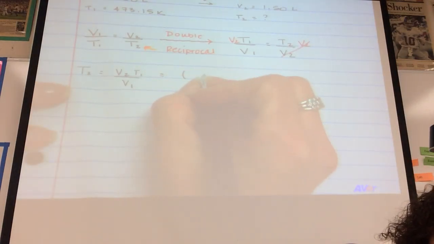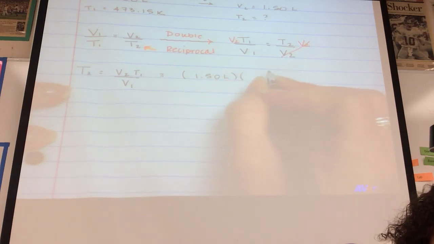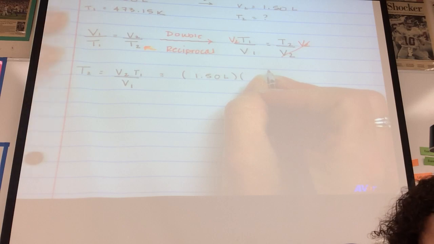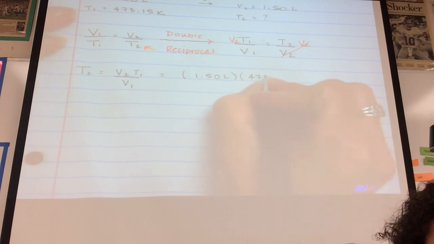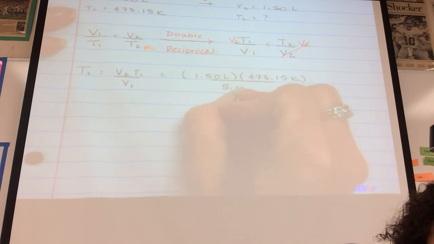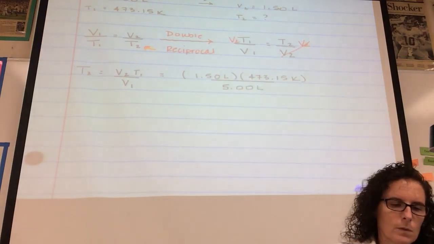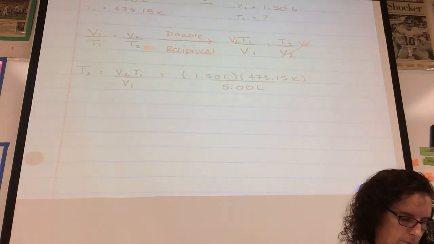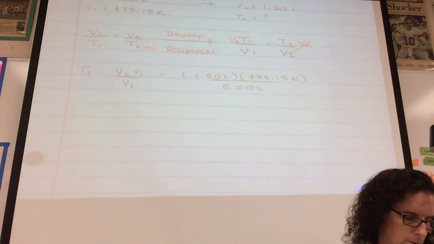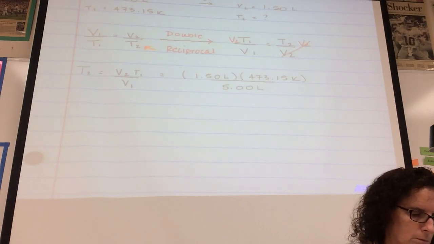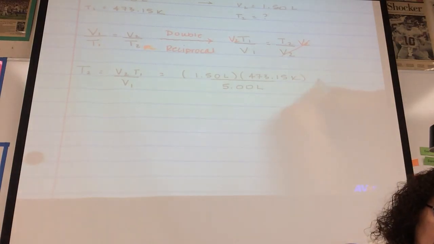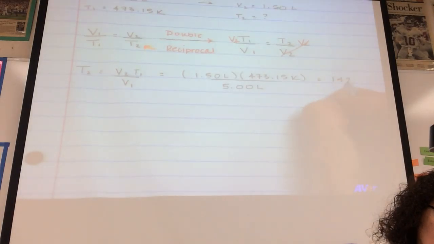So V2 is 1.50 liters, T1 is 473.15 Kelvin, divided by 5 liters. And you get 142 Kelvin.